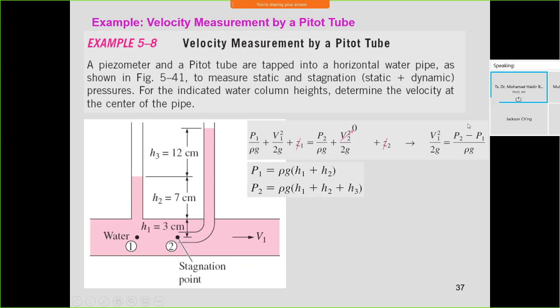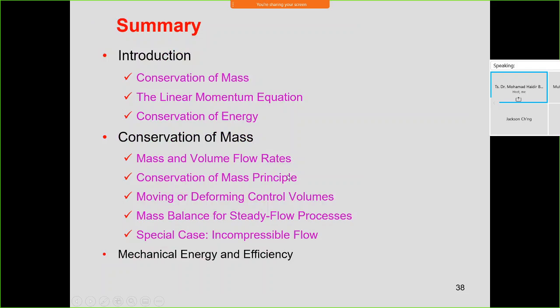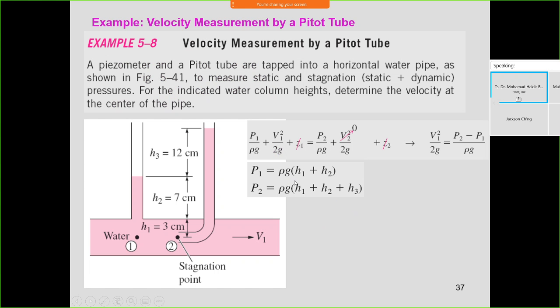So now you get V1 squared over 2g equal to P2 minus P1 over ρg. For the pitot tube and venturi tube, the water is assumed to be static, so you can use P equal to ρgh again. As you have measured P equal to ρgh at point 1 and point 2, using this equation you can determine the velocity in the pipeline.